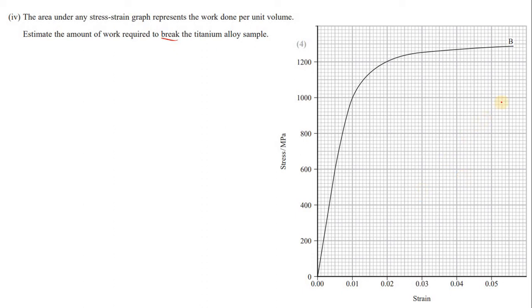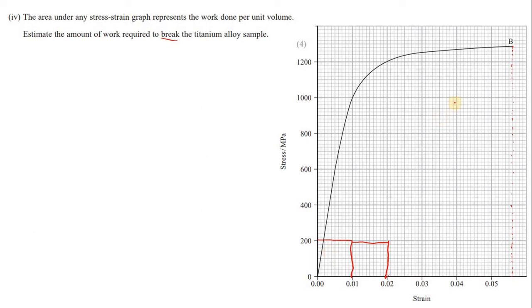There are many options. One option is you can count all the squares. This is slightly time taking. After counting all the squares, you multiply the number of squares with the area of one square, so you can have the total amount of work.